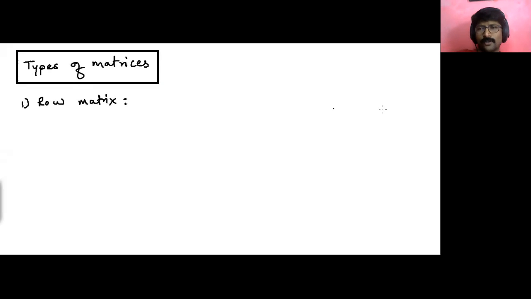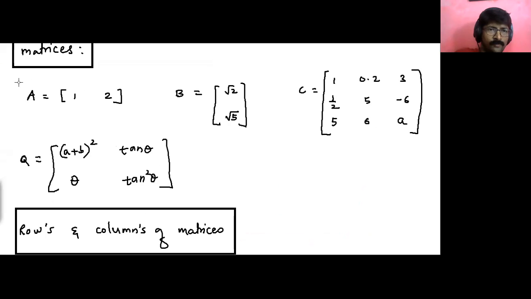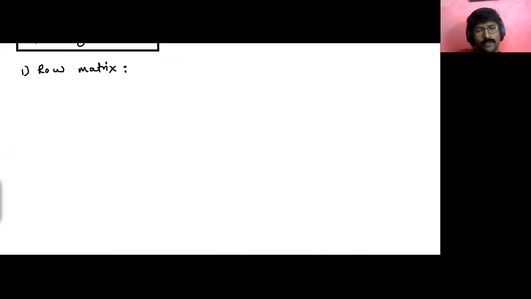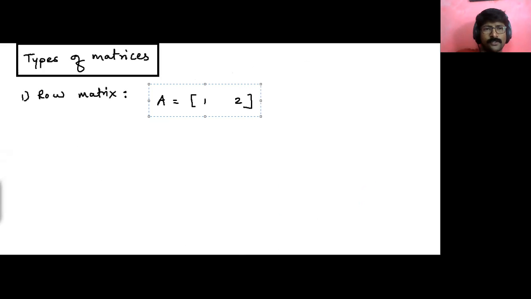There will be only one row. Have I written over here any row matrix? Yes. So A is called a row matrix. I'll just copy paste it downside. So there would be only one row. This type of matrix is called a row matrix.